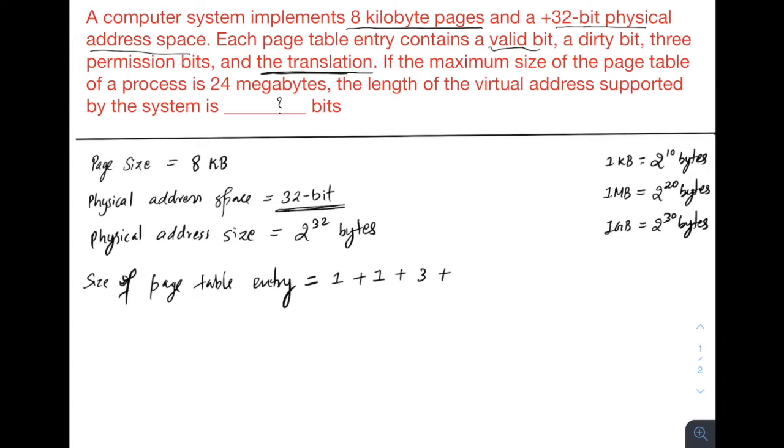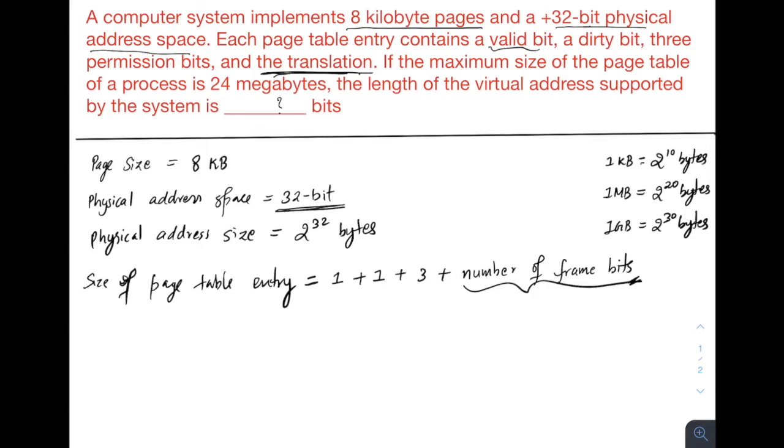This translation means the mapping, right? The translation of page number to frame number. So this is the number of frame bits, or basically the number of bits required for storing the frame number. This is the one we do not know till now, because it's not given.